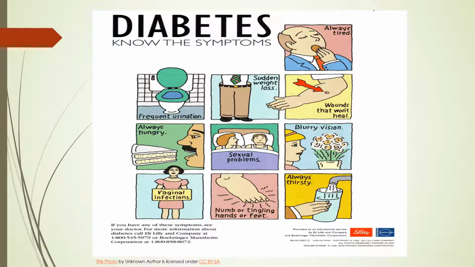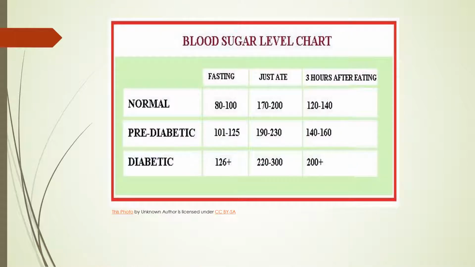They might be just starting to develop diabetes, and we might be able to catch it early and get them help sooner than waiting till their blood sugar is so high that they can slip into diabetic ketoacidosis, which we talked about, will mess up their pH levels in their body. And here's that blood sugar level chart. You might hear blood sugar called glucose, like I said, but that's really all it means.